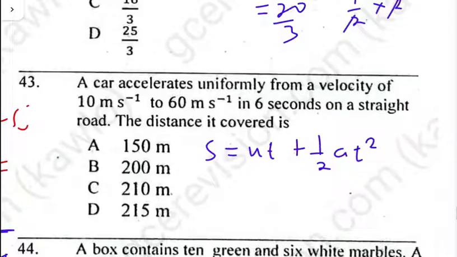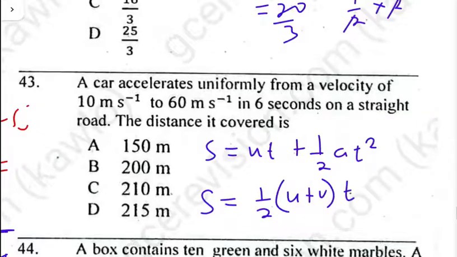Here we can use this, or you can use the formula S is equal to half U plus V times time. So this is going to be 10 plus 60, 70, divided by 2, 35. 35 times 6 is 210.